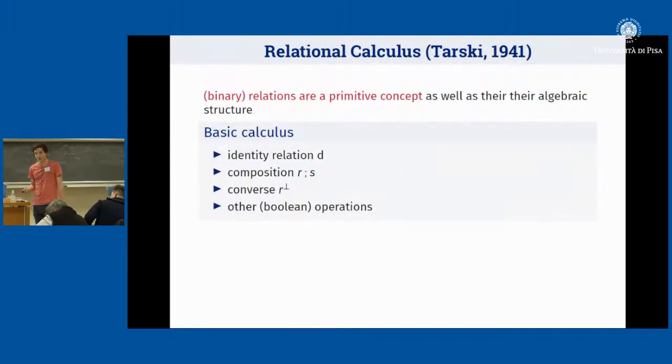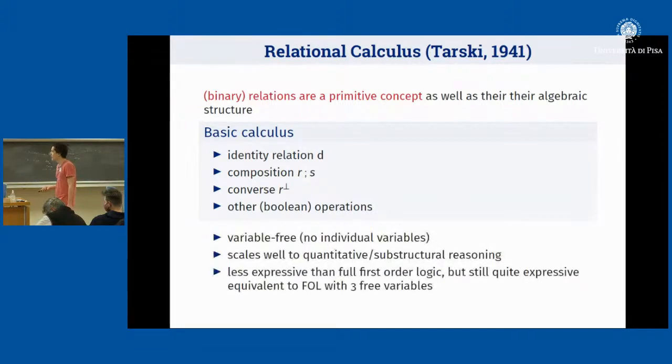But there is another approach to logic, which is relational calculus or relational logic, where instead the primitive concepts are binary relations themselves, and where all relational constructs are taken as primitive logical operations instead of being derived from the first-order connectives. The main ones are relational composition, identity, the converse, and then usually some Boolean operations, which are the standard ones. This has some advantages because you get a complete variable-free language where you do not really need individual variables.